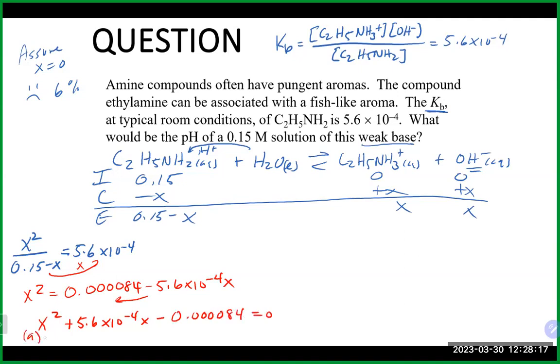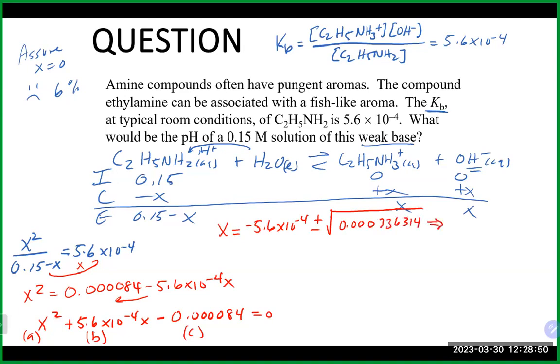That again gives us our a, b, and c that we need for our quadratic. At this point, we'll go x is equal to minus b, which in this case is minus 5.6 times 10 to the minus 4, plus or minus the square root. When you put all the numbers into the square root part, before you take the square root, you get 0.000336314. We'll keep all the numbers, why not?